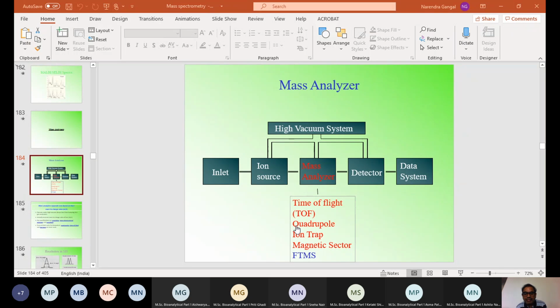Mass spectrometry is like bread and butter; you must not only understand it, you must gain expertise. Many of you will be doing a PhD, and mass spectrometry is an essential technique everywhere. Without it, no bioanalytical lab will really work. If there are no questions, we'll stop here and meet again next Saturday.